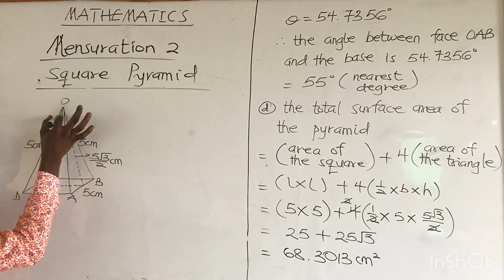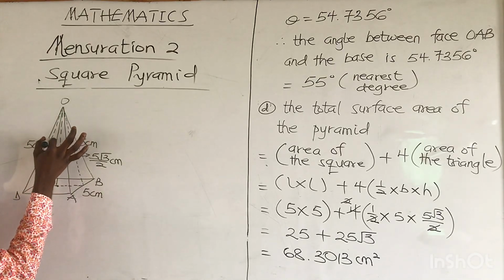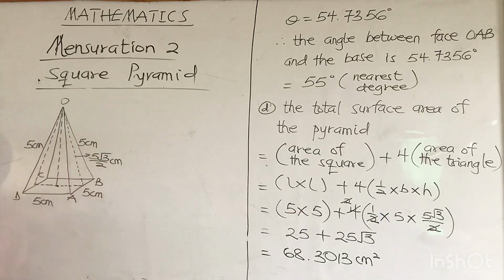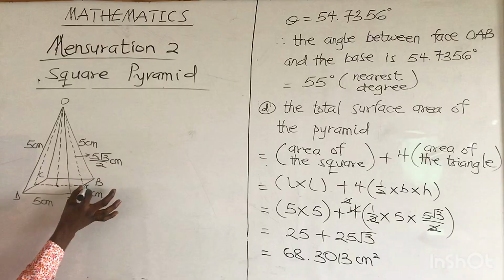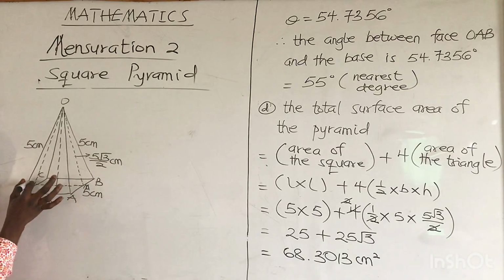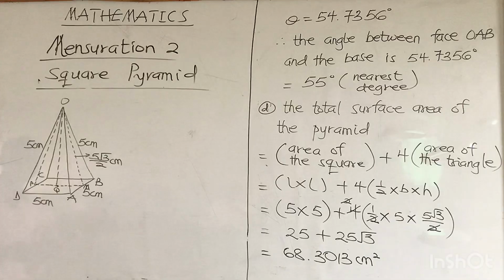Then we can also get the height of this triangle this way. All right. So here we have short dashes, another short dashes. So we have here to be M, we have here to be Q, and we have here to be P. So we have OP, we have OM, we have OQ.